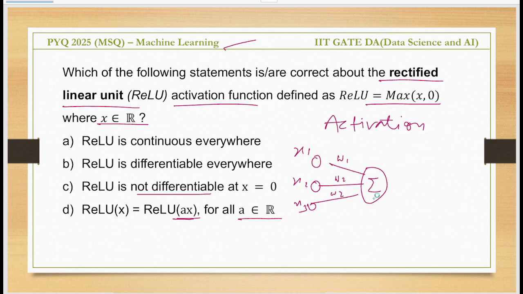We take the summation of each x with respect to its weight, which we can write as w x plus b, or further as the sum of wi xi plus b. Here b is the bias.